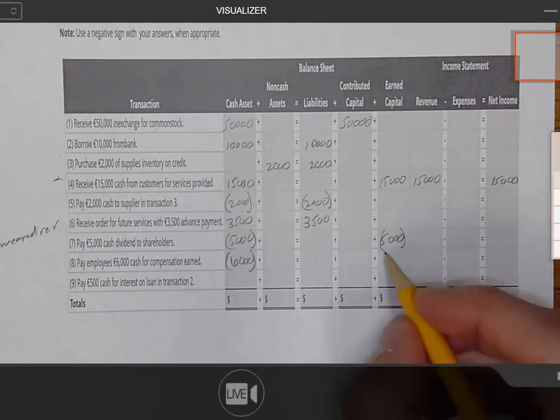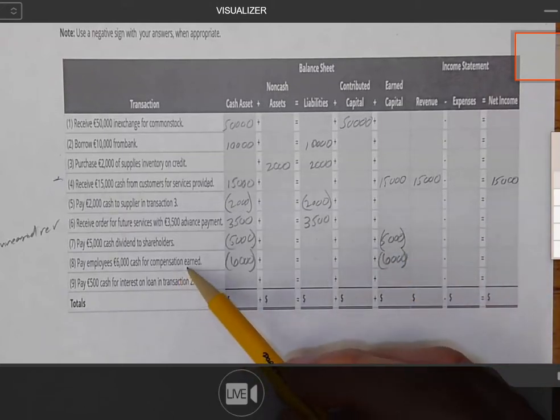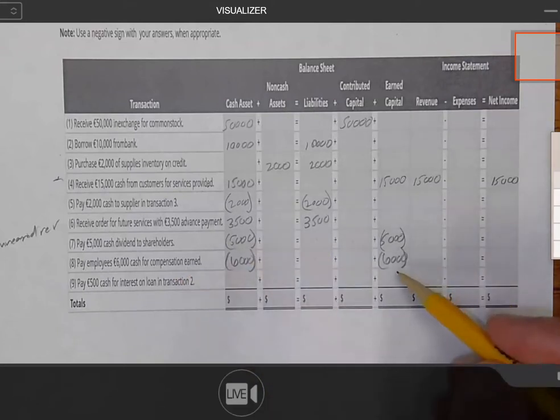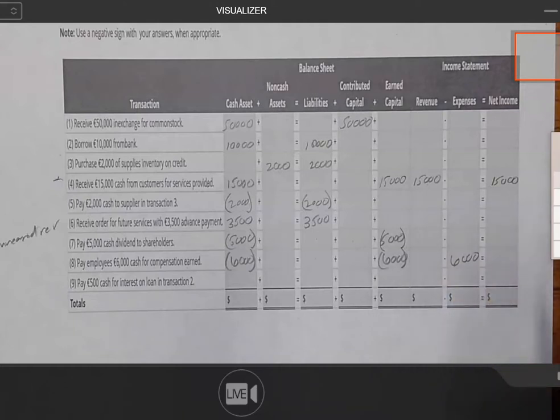Earned capital would be a negative 6,000, because this is wage expense, so this is a part of operations, and so we would record this as a negative $6,000 to earned capital. I don't have any revenue here. We do have $6,000 of expense, and our net income will be a negative 6,000. So the cash asset went down by 6,000, so we're going to put that in parentheses.